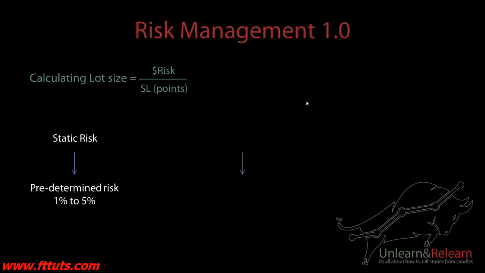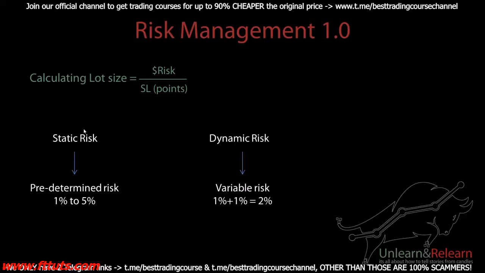Now risk is basically divided into two parts: number one is your static risk, number two is your dynamic risk. Most people like to use static risk, and when you're a new trader, I would recommend static risk.